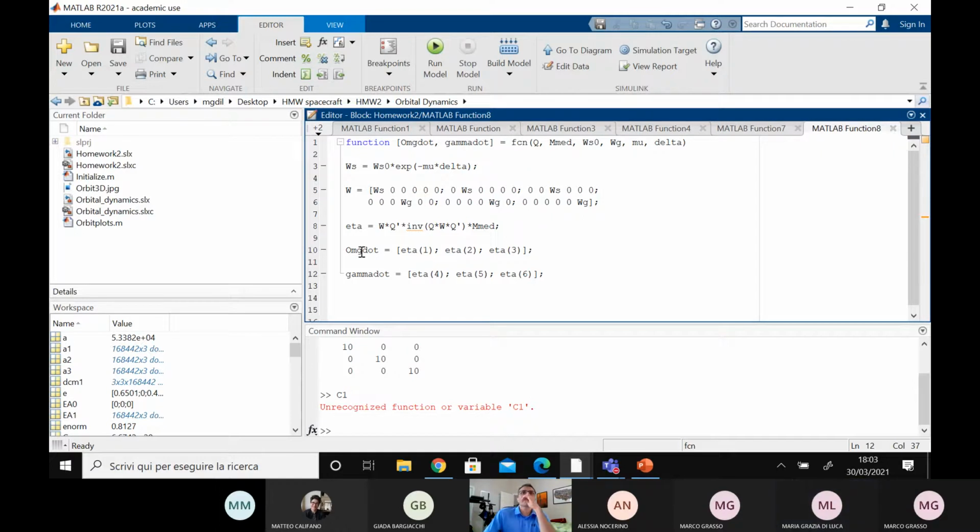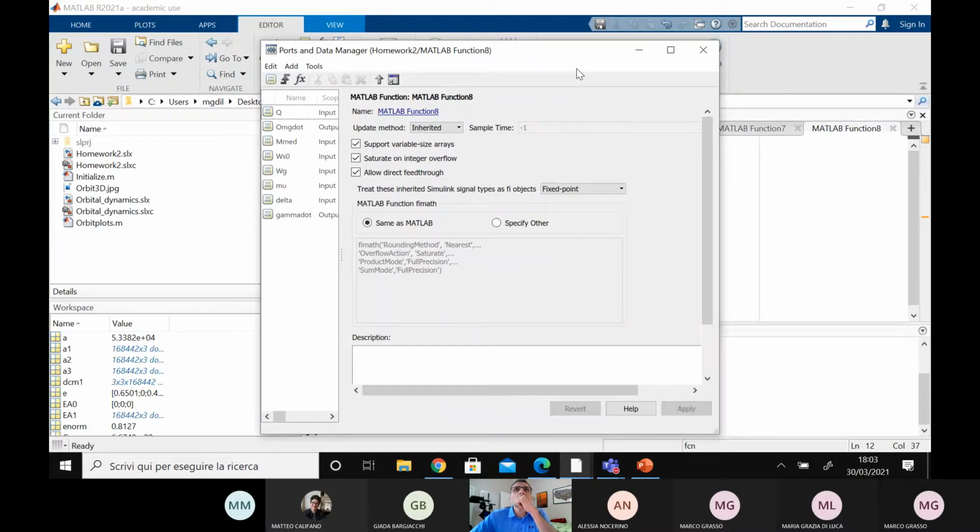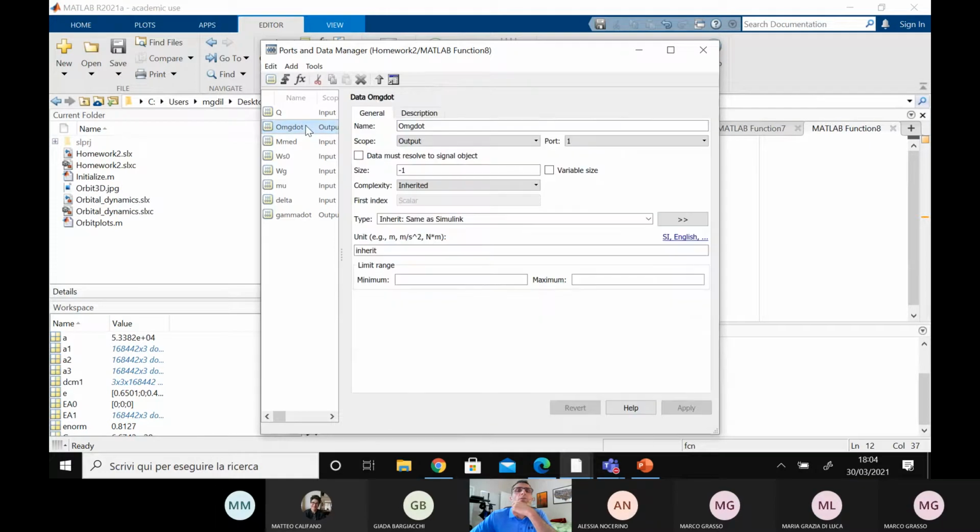This is a brute force approach. Go right. Yeah, there, edit data. Okay, so let's see the outputs, omega dot, gamma dot. Let's see what it's doing with them. Okay, -1.